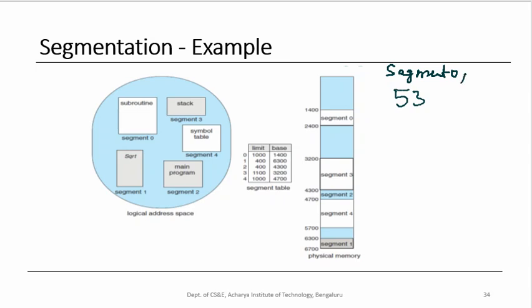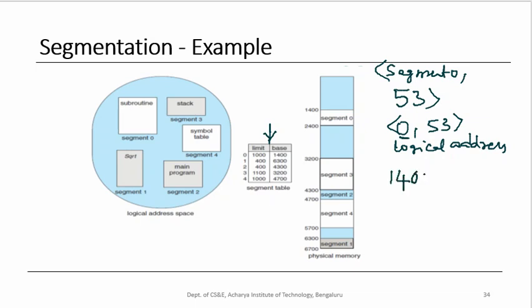So I write segment 0 and 53 as my logical address, and this 0 is used to index into the segment table. At 0, what is the base that I have? That is 1400, and this 53 is less than 1000. That means it is within the limit.